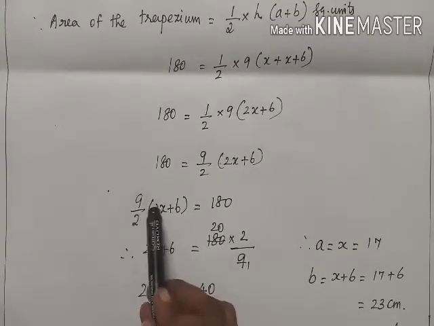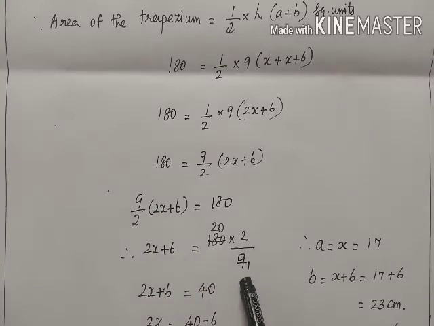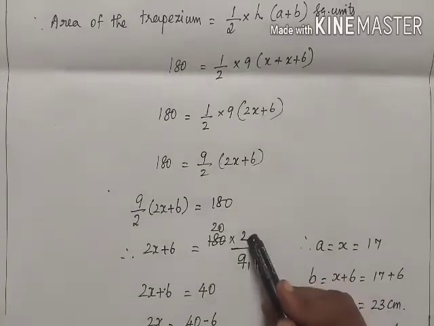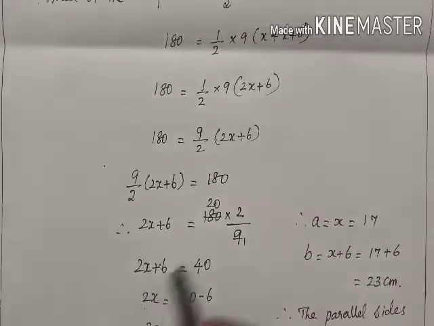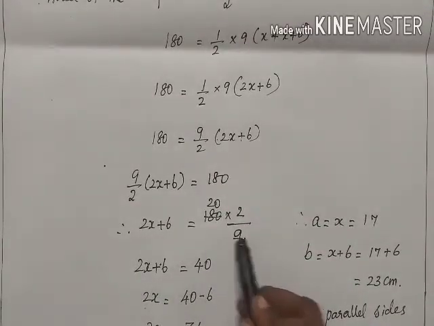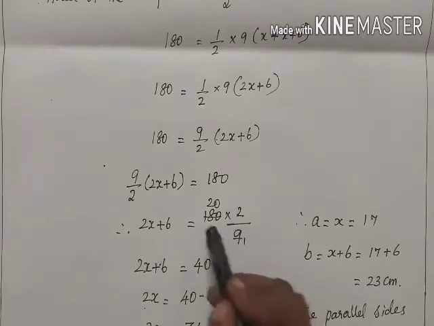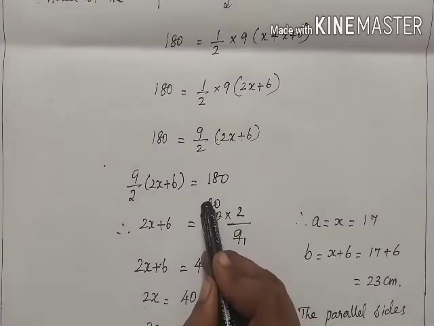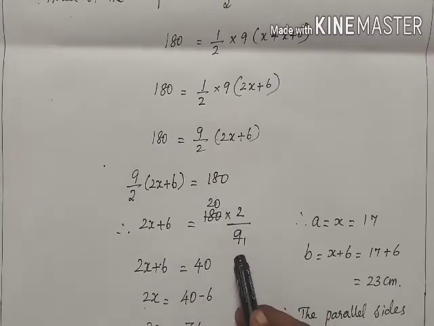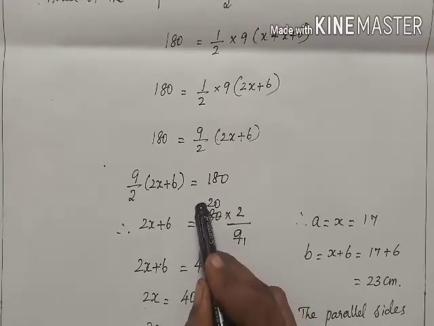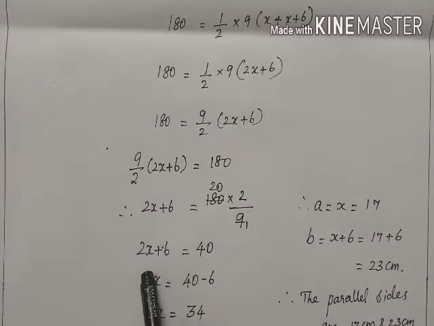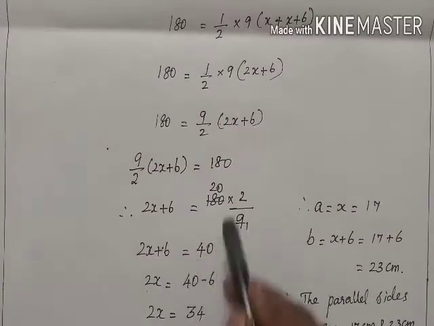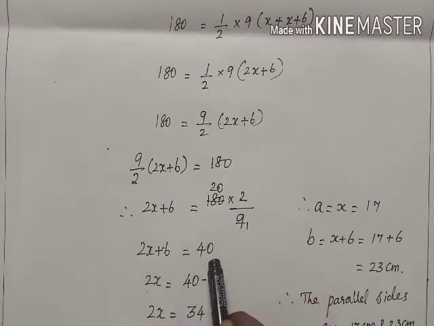The multiplication number should come as division, and the division number should come in the numerator. Now cancel: how many 9s are there in 180? 20. So 2x plus 6 is equal to 20 into 2, 40.